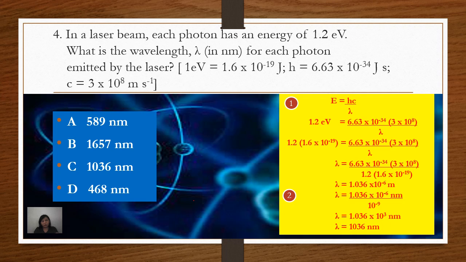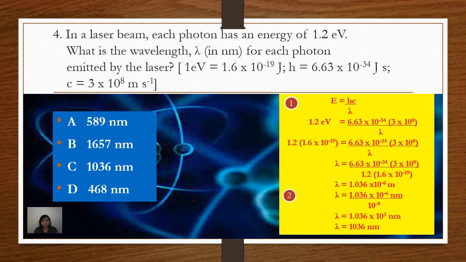Next step, we need to convert meter to nanometer. So on top, we multiply by nano; at the bottom, we divide by 10 to the power of negative 9, the value of nano. We use 10 to the power negative 6 minus bracket negative 9.